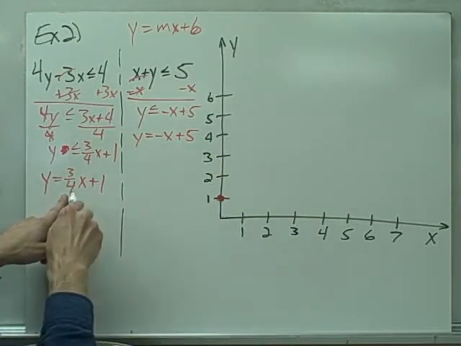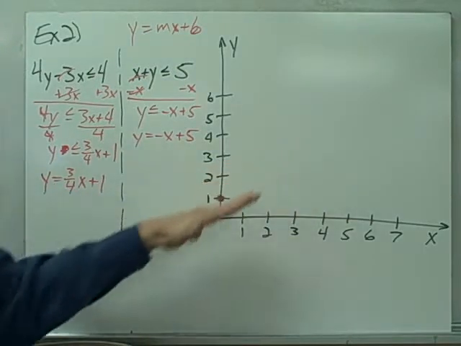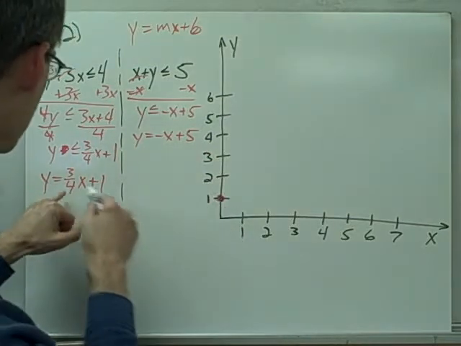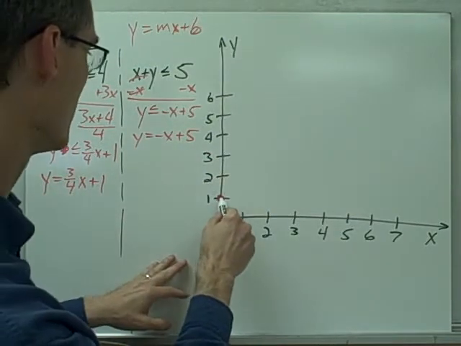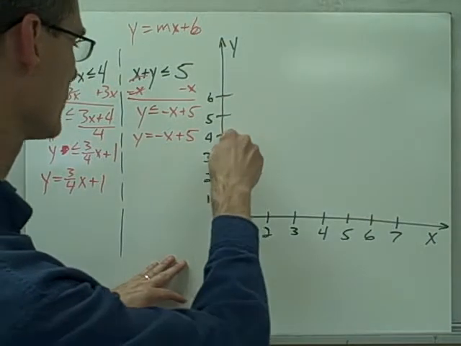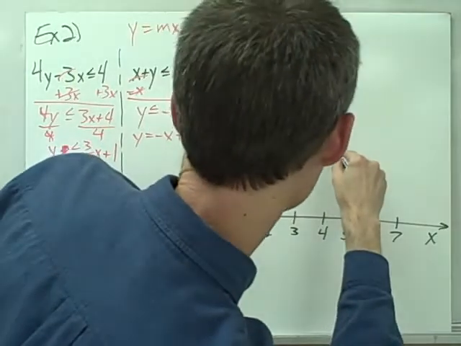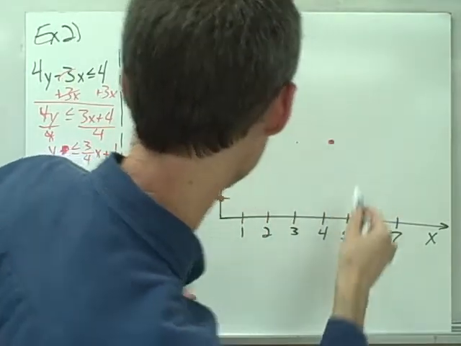And now my slope here is a positive 3/4, so it's going to be going up. My rise over run is 3 over 4. So I'm going to go up 3 and over 4. So from this point, 1, 2, 3, and over 4: 1, 2, 3, 4. It's going to put me here.